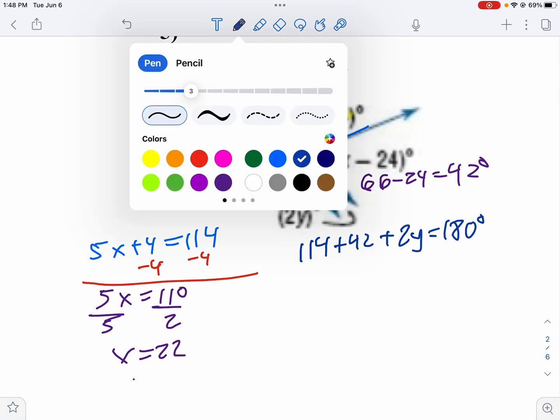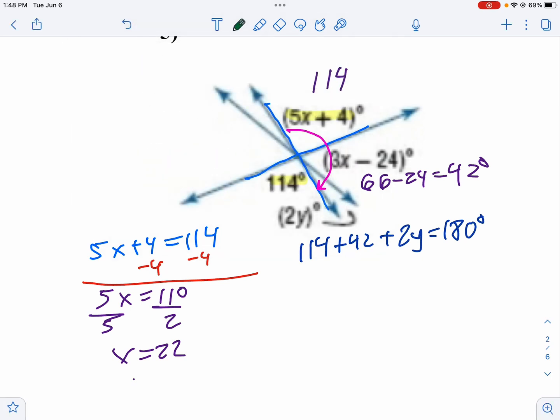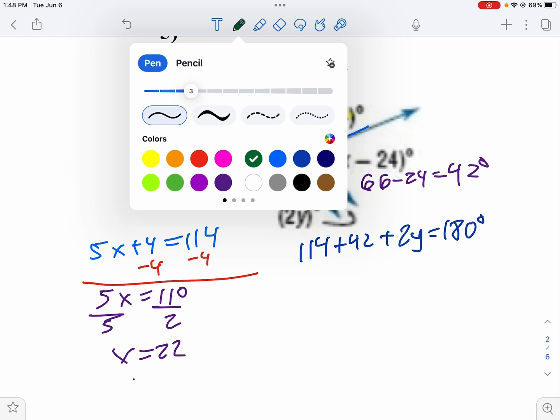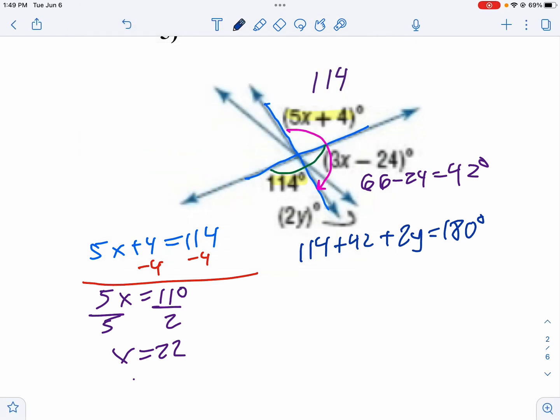Notice I could have used these three angles and I'd get the same numbers to get 180 degrees. So now let's combine our like terms. 114 plus 42 is 156, plus 2y equals 180.